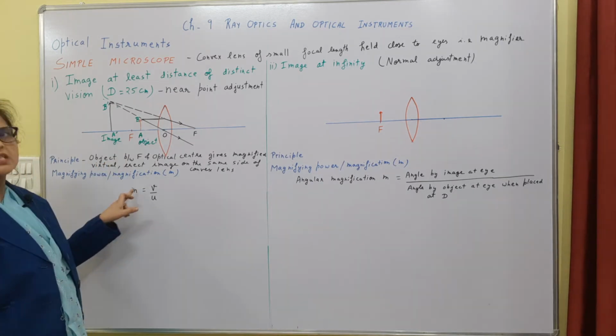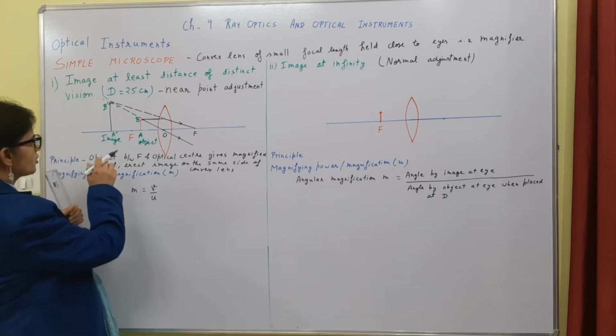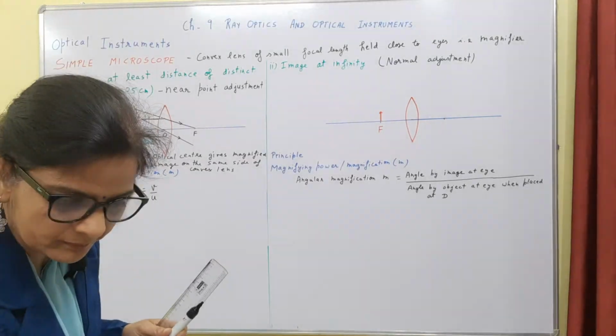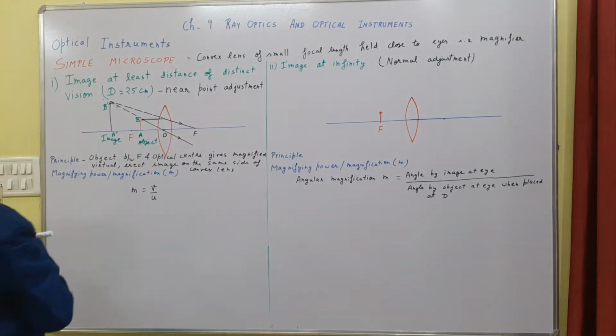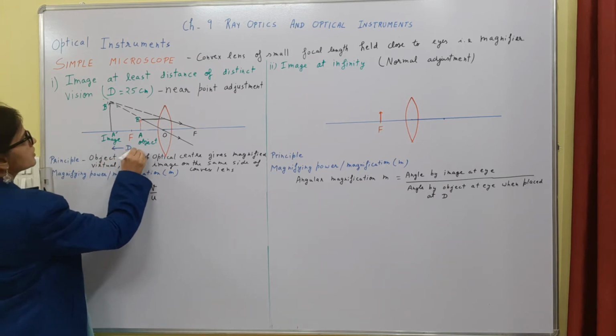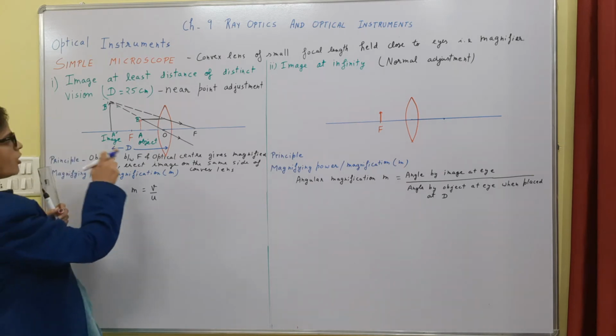Now we know the formula of magnification by a convex lens: M is v upon u. What is the position of the image? We know that this setting is for the final image at the least distance of distinct vision, so our image is at D, right? And where is our object?